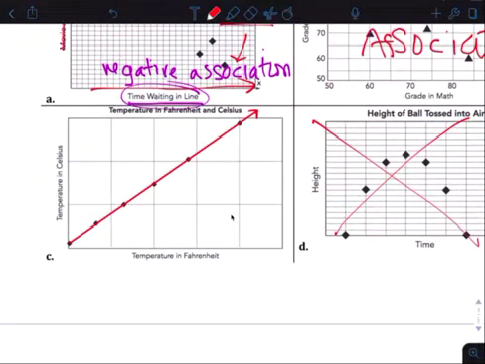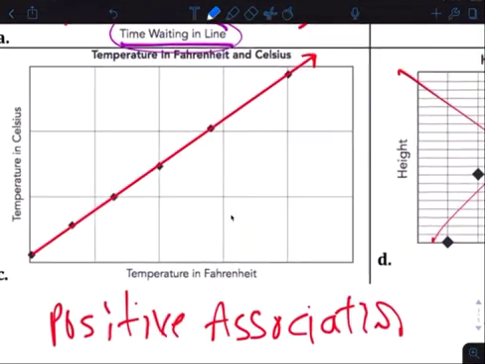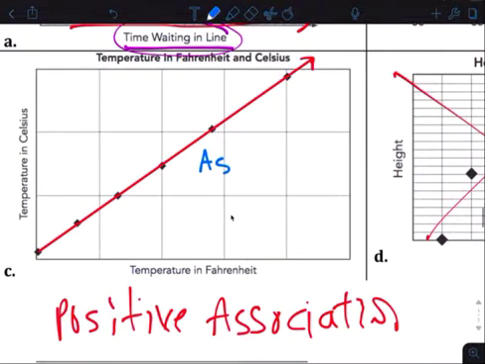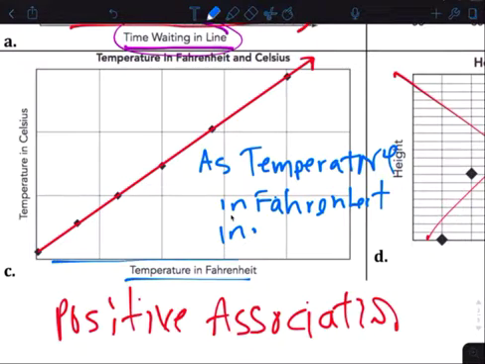This is a positive association, because as Fahrenheit increases, as the temperature, right here, I read it right down there, as the temperature in Fahrenheit increases, so does Celsius.